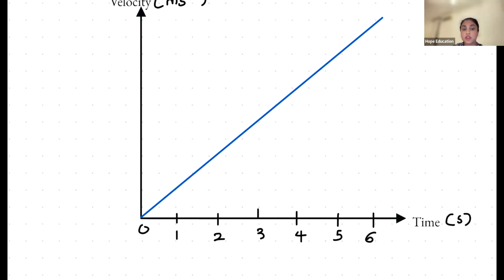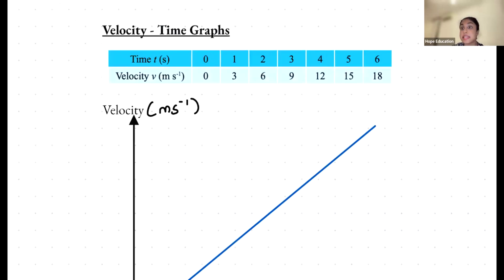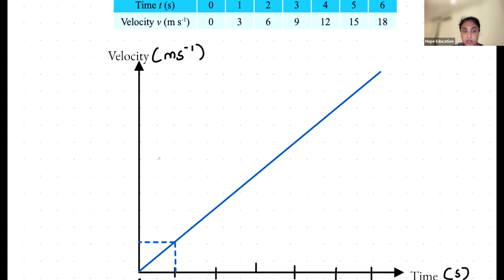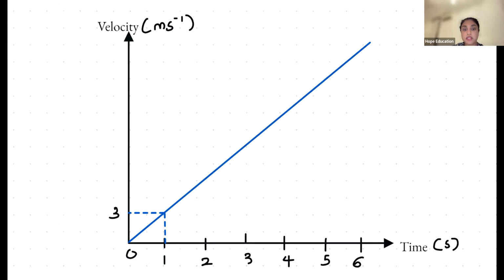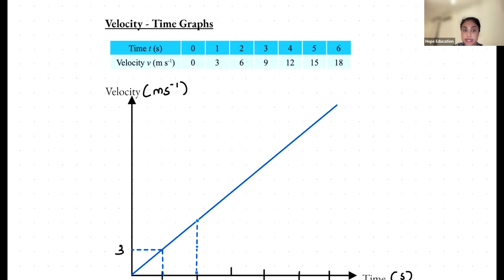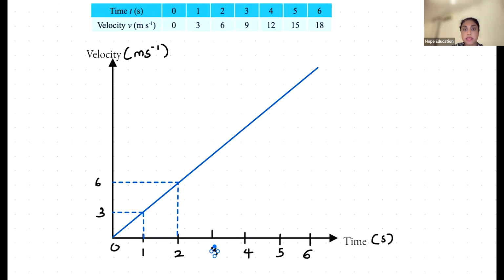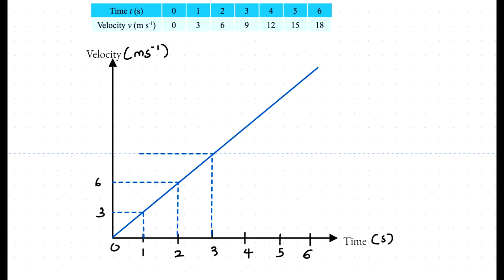When the time is 0, velocity is also 0. When the time is 1, velocity is 3. When the time is 2, how much is the velocity? When the time is 2, velocity is 6. When the time is 3, velocity is 9.